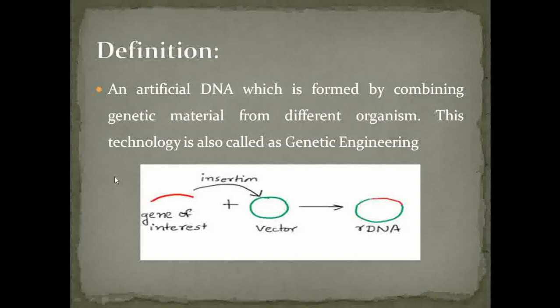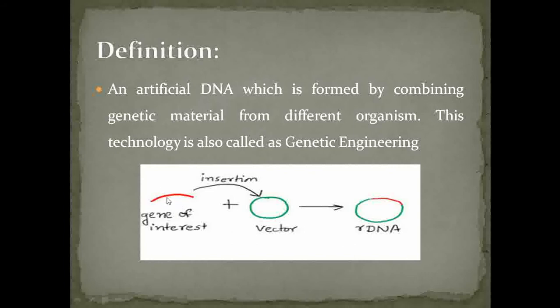The gene of interest may be, for example, the disease resistant gene, or if you want to increase the carbohydrate percentage in a particular plant, or increase the vitamin A content, just like golden rice.